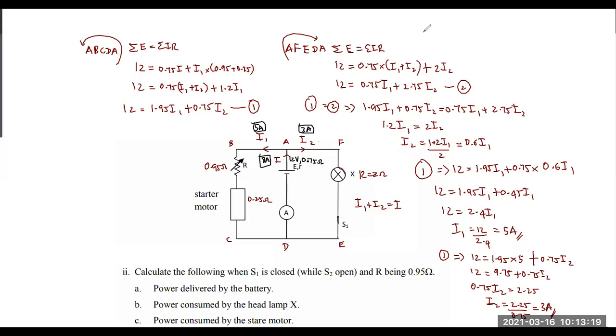Okay, fine. And then moving on, power delivered by the battery. Now you have to remember one thing, Roman 2a part, power delivered by the battery, you have to find this way. For power delivered by battery, the equation is EI. That is the power delivered by the battery, always. You have to multiply its EMF by the current, because that is the total power provided to the system.